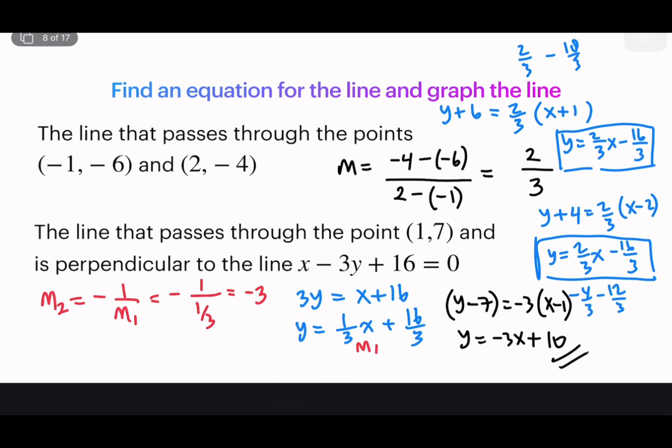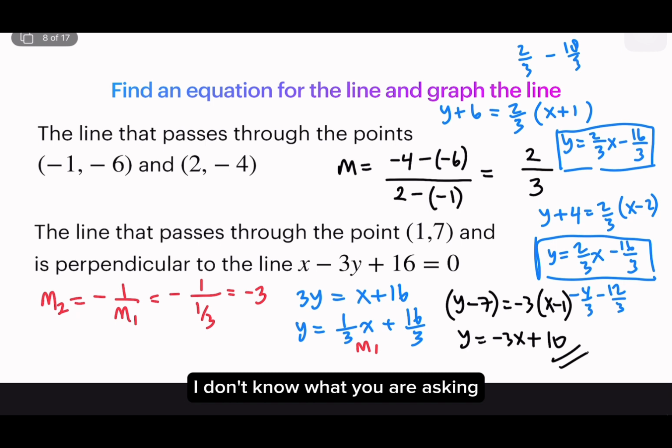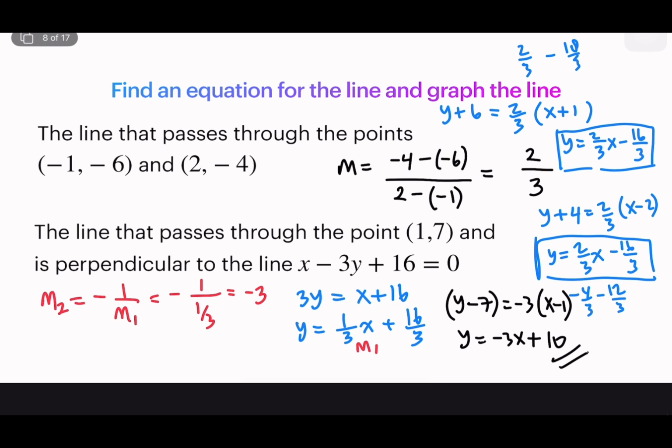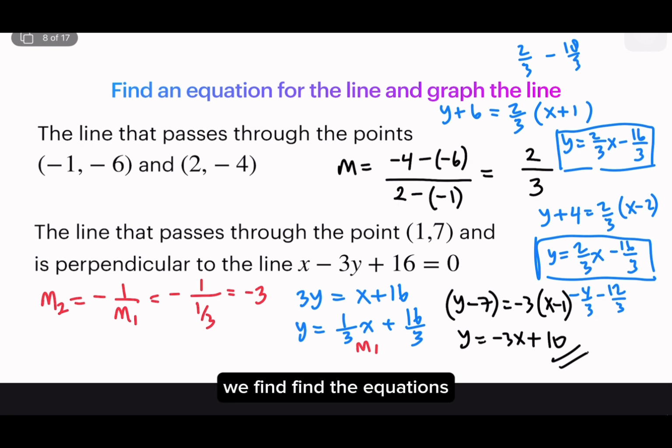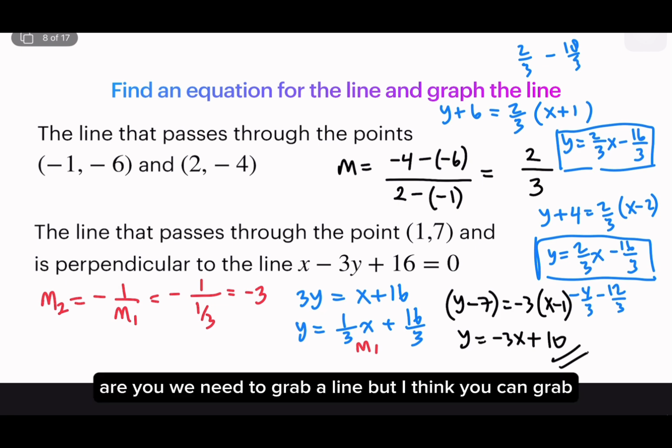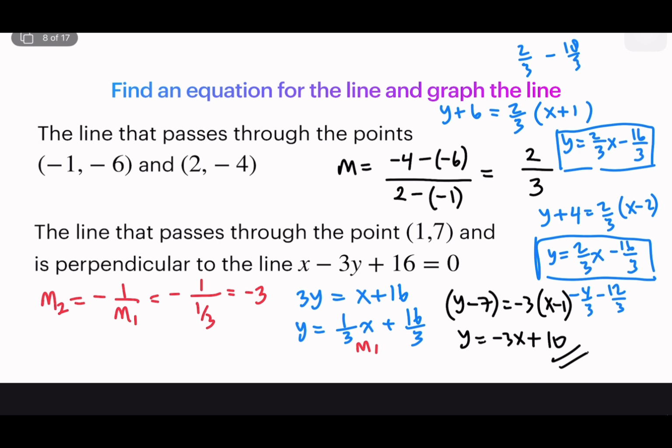The answer is the point. We find the equation. Oh, we need to graph a line, but I think we can graph a line.